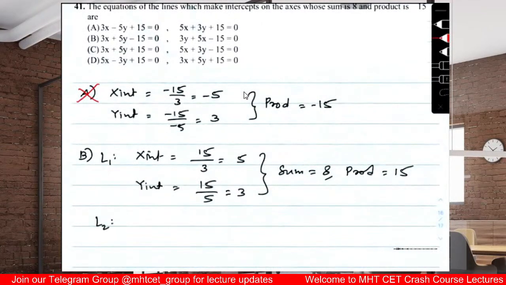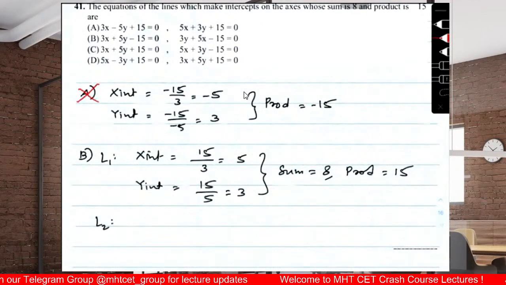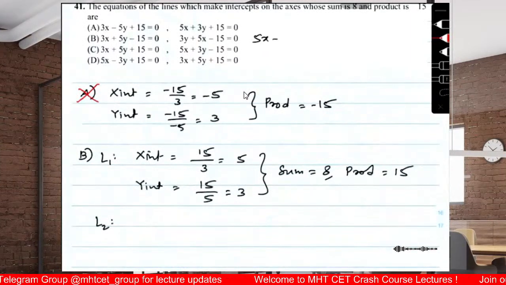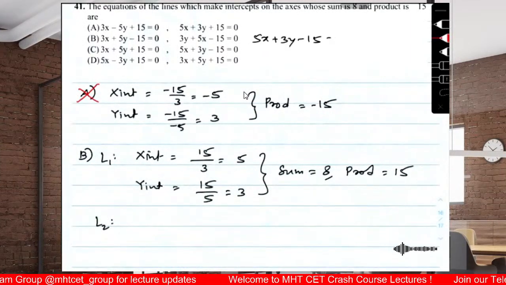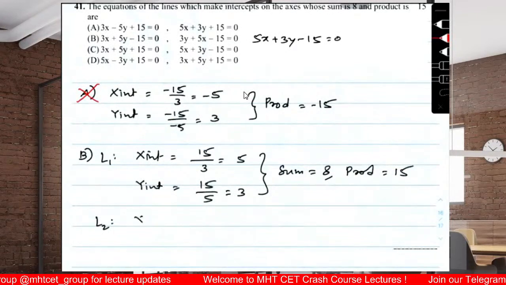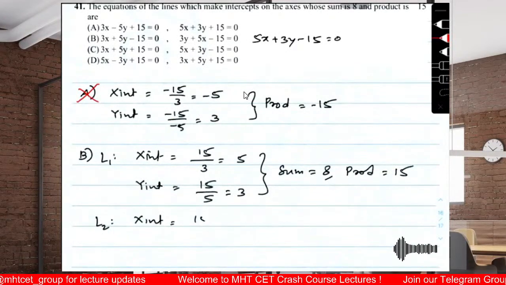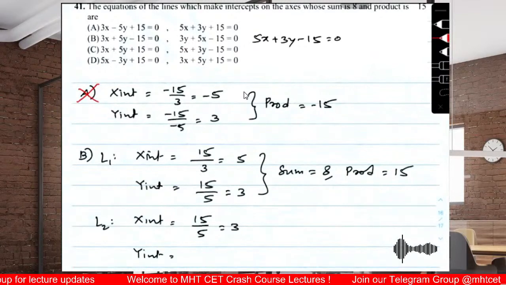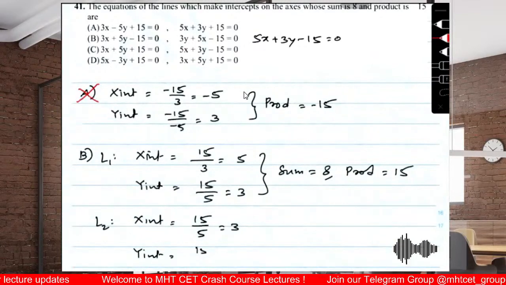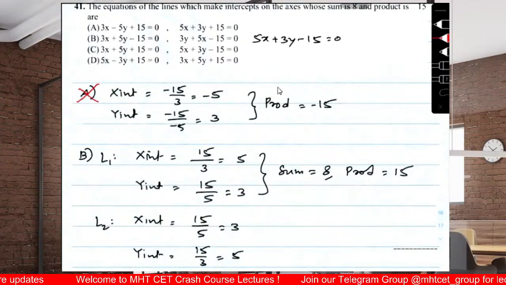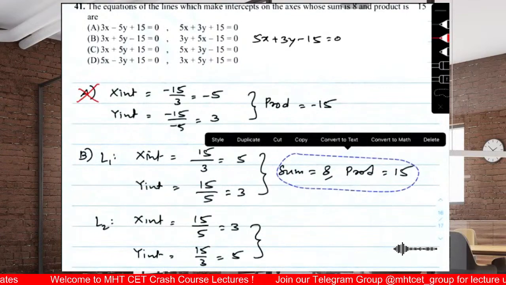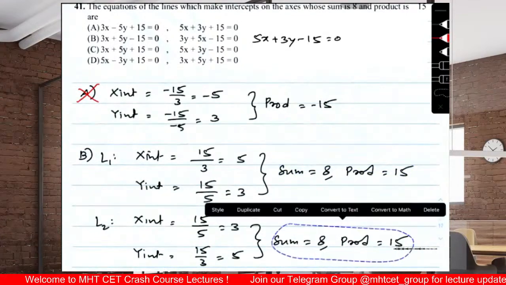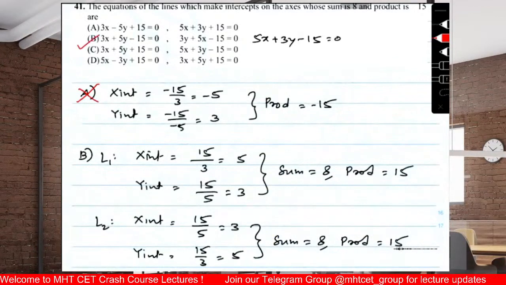For second line is 5x plus 3y minus 15. Obviously इसमें भी रहेगा, देखो. X intercept is 15/5, that is 3. Y intercept is 15/3, that is 5. The same. Sum is 8, product is 15. So option B.